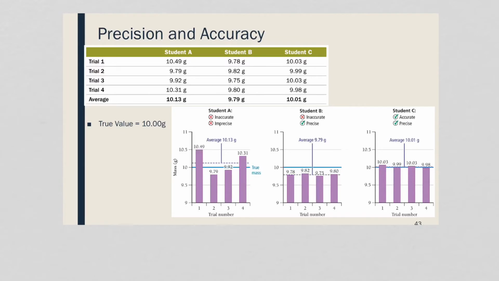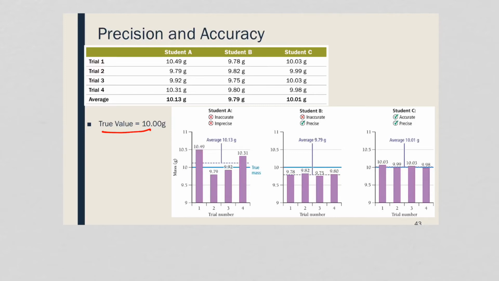So let's look at a set of data and just analyze it for precision and accuracy. If we look at this first set of numbers, student A, and we did 4 measurements, we see here that the true value is 10 grams.